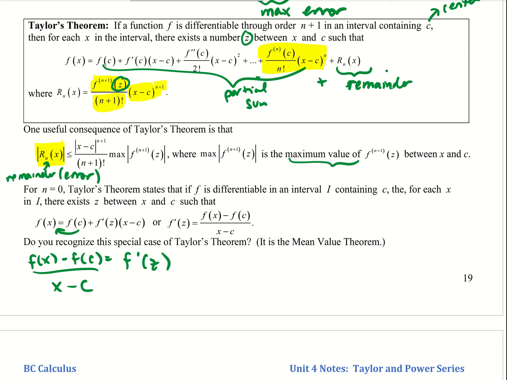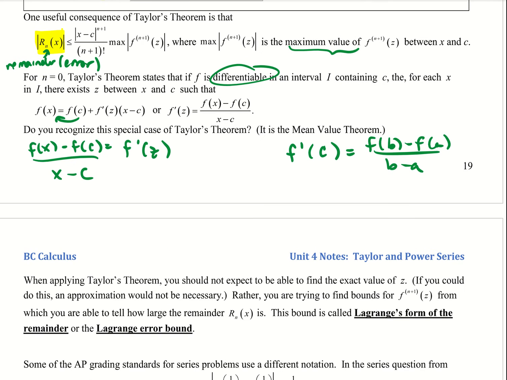This is the MVT. It's slightly different in its notation, but you might remember the MVT says for a function that is differentiable and thus continuous, f prime of c would equal f of b minus f of a over b minus a at least once. Now, that's not anything you're going to be tested on. It's just an interesting thing that all of this is connected, which is kind of weird. Here we are working with Taylor polynomials and Taylor's theorem, and there's a connection to the MVT.